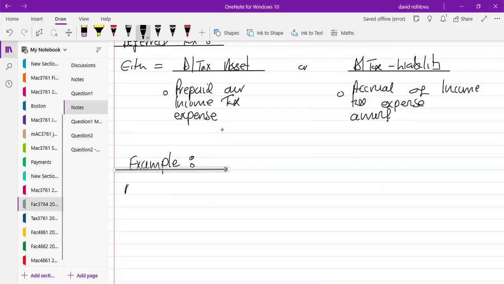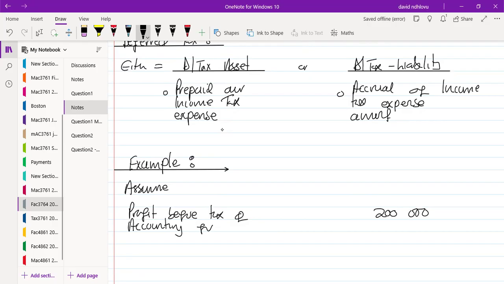Assume that an entity achieved profit before tax of 200,000, after accounting for accrued expense of 50,000 rand. So let's say this is the example that we have.